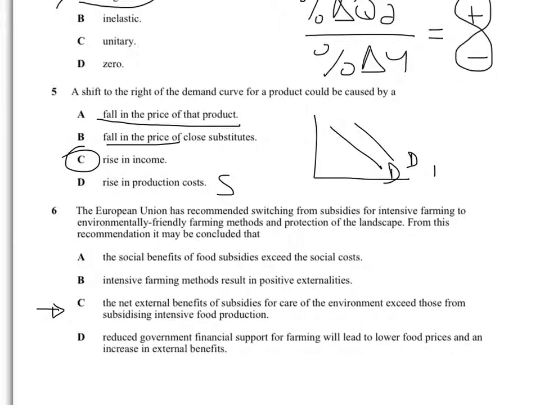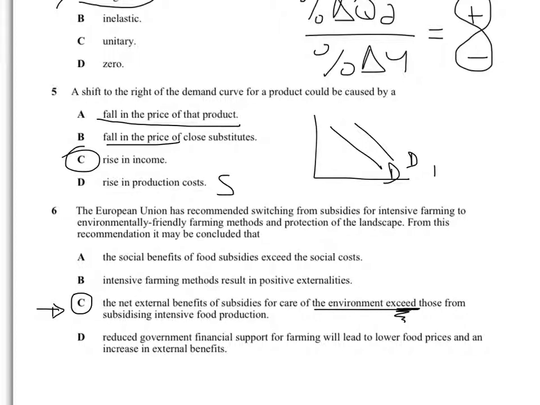The net external benefits for care in the environment exceed those from subsidising intensive food production. I mean, that would give you a logical reason to move subsidies from intensive food production to protection of the landscape. The rest don't really make sense, but it's a difficult question, that one.